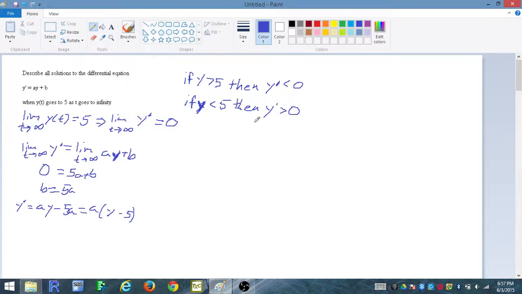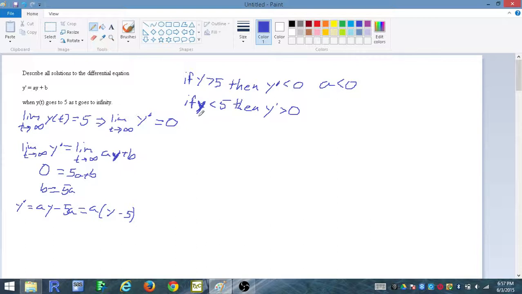Okay, so if we think about that, take a value of y that's greater than 5. So just some large value greater than 5, and you'll see that y minus 5 is positive. Okay, so a positive times a has to be negative. Therefore, a has to be negative. Let's think about this part.